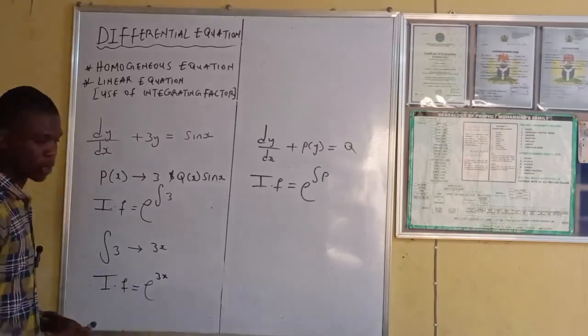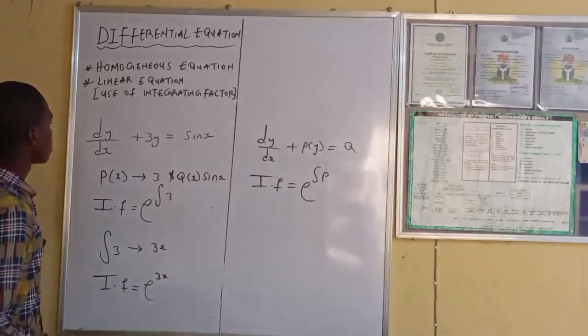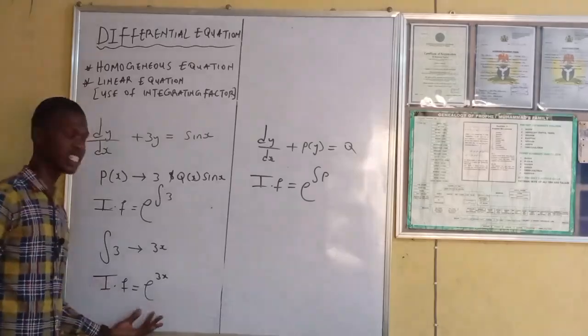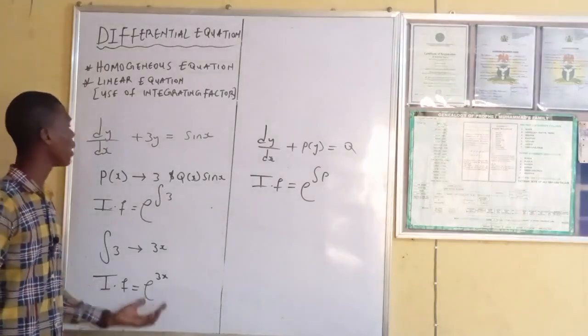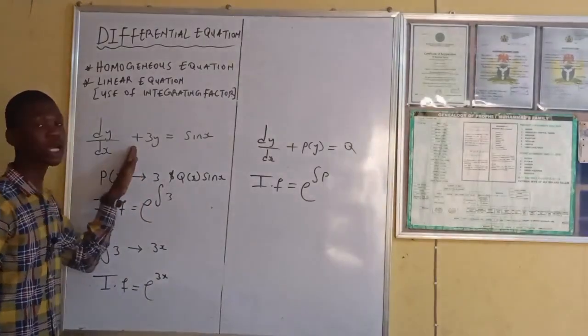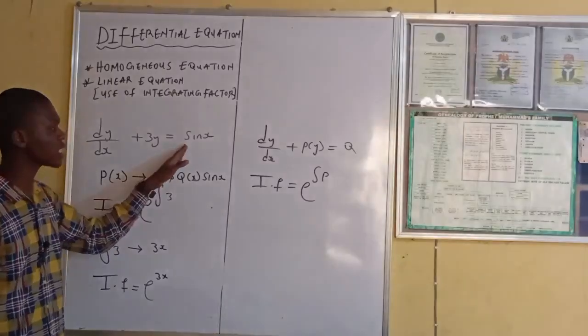From here, next, what you should do is multiply the integrating factor by the original equation, by the left hand side and the right hand side.